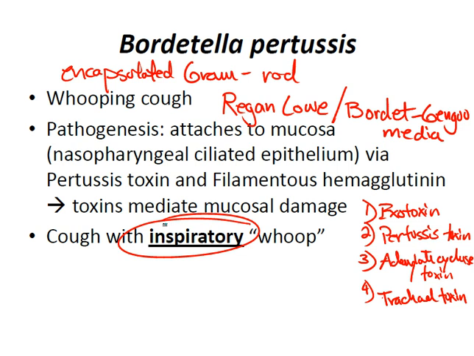And how do we treat this? We treat it with macrolides, so azithromycin, clarithromycin, erythromycin. They may prevent the disease if given during the catarrhal stage, or they may decrease bacterial shedding but do not alter the disease course if given during the paroxysmal stage, which is the severe coughing stage. So if you can get it in the catarrhal stage, use the macrolides to treat Bordetella pertussis.